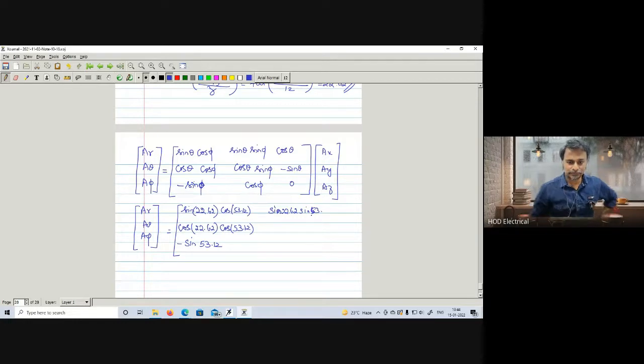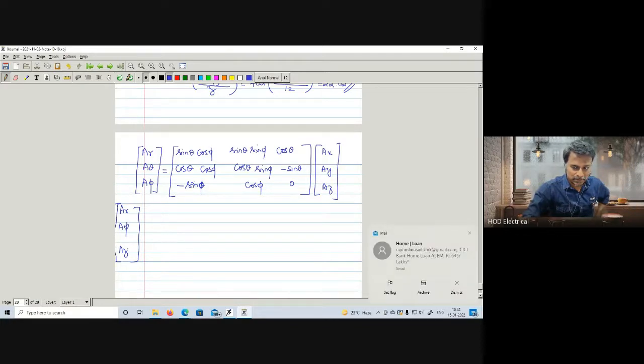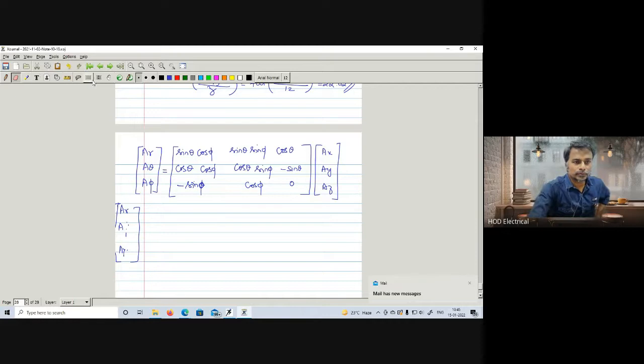Let me take this in a big size matrix, otherwise it will not fit. So we can have that matrix as A_r, A_theta, A_phi.